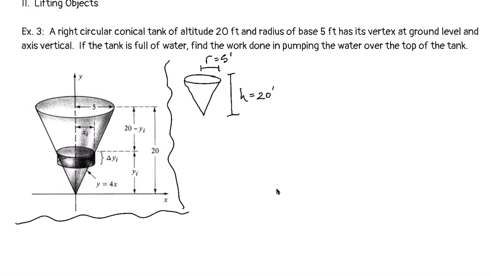So when I'm thinking about a useful coordinate axis, I think about just an XY, and I'm going to put the vertex of the cone at the origin. So I've got my cone and it comes down to the origin.